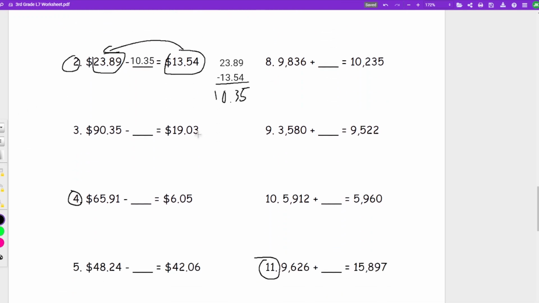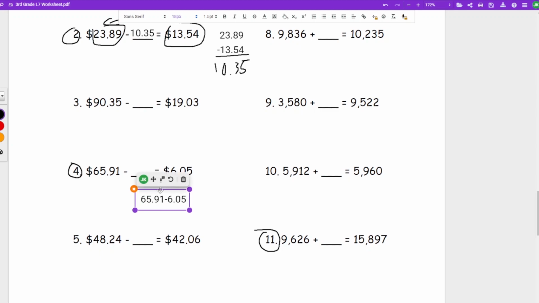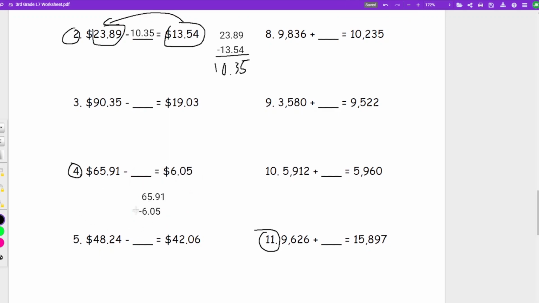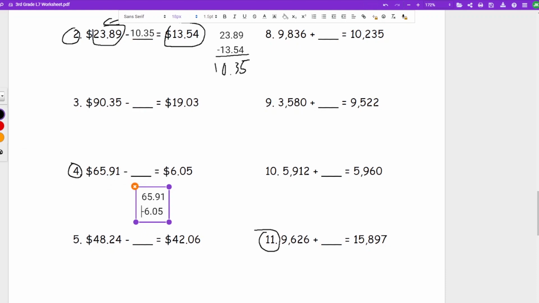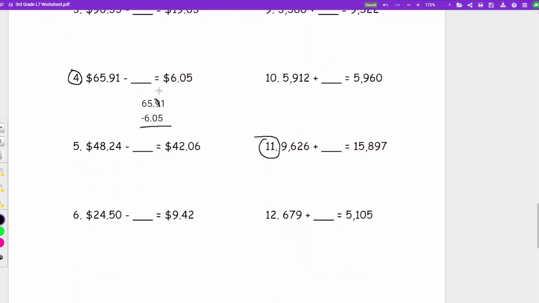Okay, number 4. 65.91 minus 6.05. So let me just move this over here. Okay, 1 minus 5, well, can't do that, so take a 1.